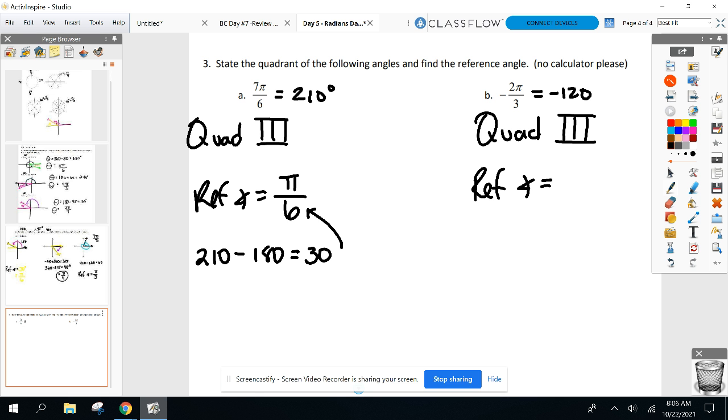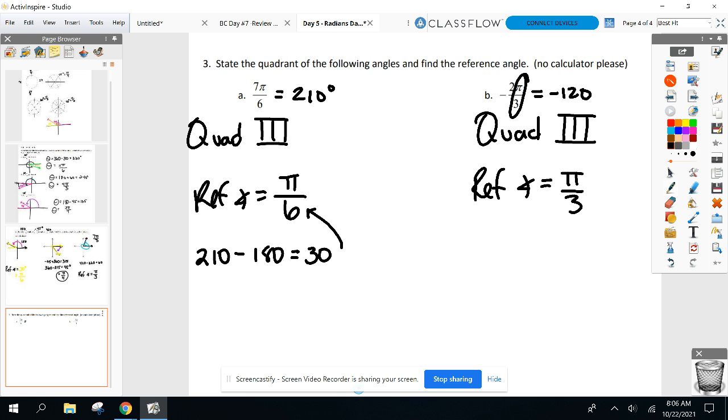Is it 60? It is 60 degrees, but I'm going to need it in radians. What's that? Pi over 3, yeah. And you guys can see it's always going to be that part there for the reference angle because I'm just multiplying it by a number.